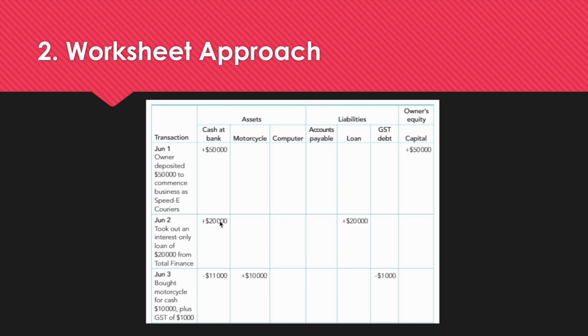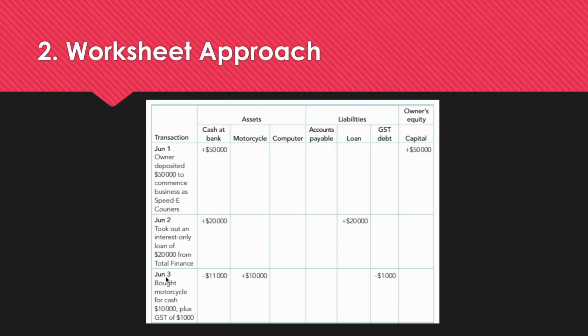So like that, there's 3 examples. The examples we talked about are recorded here. So like we said, since on June 2nd they took out a loan, it affects the bank by 20K, and then the loan gets increased by 20K, which is the liability.